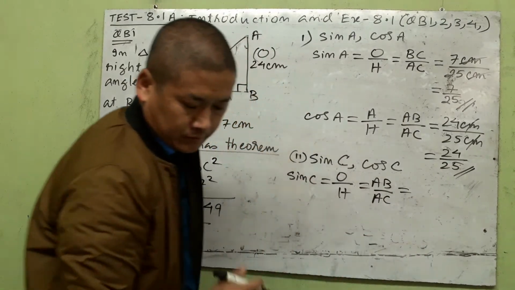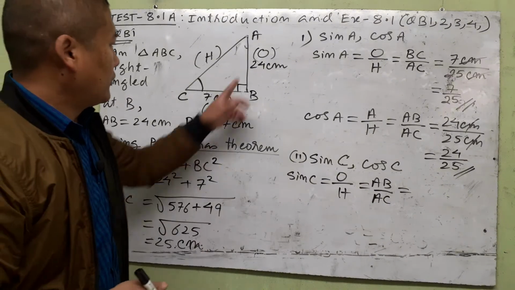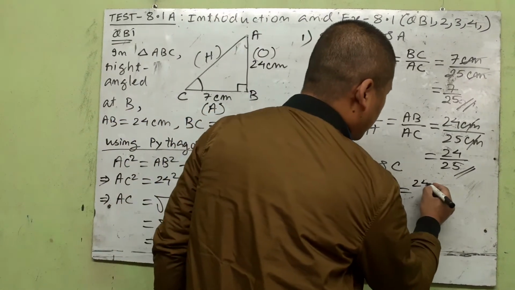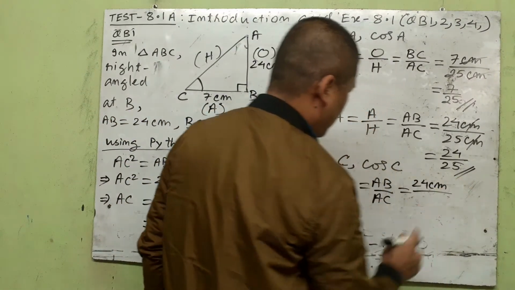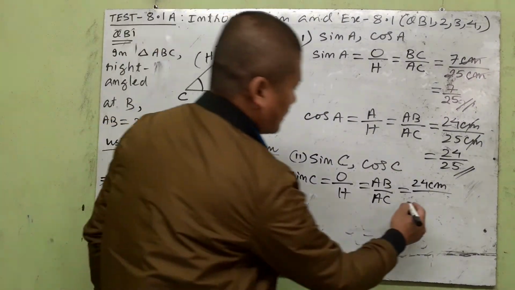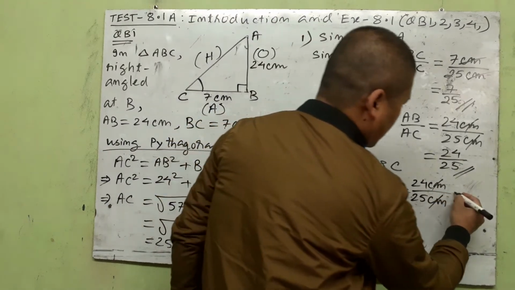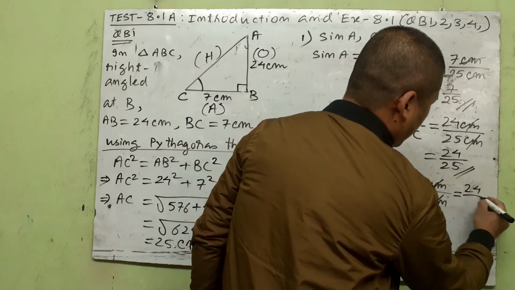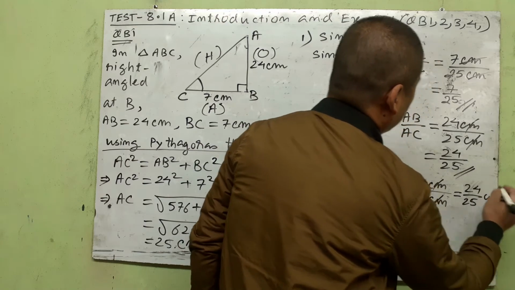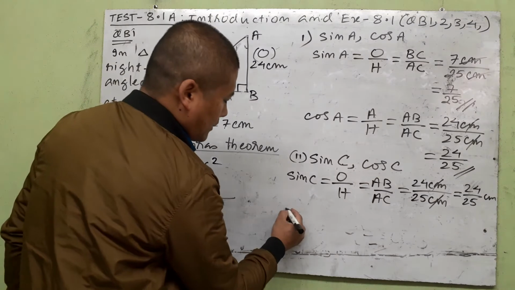So it will be equal to AB here, 24. So we write here, 24 centimeter divided by AC. Here you can see, 25 centimeter. So these two cancel means our answer will come out just 24 by 25. Okay, sin C.